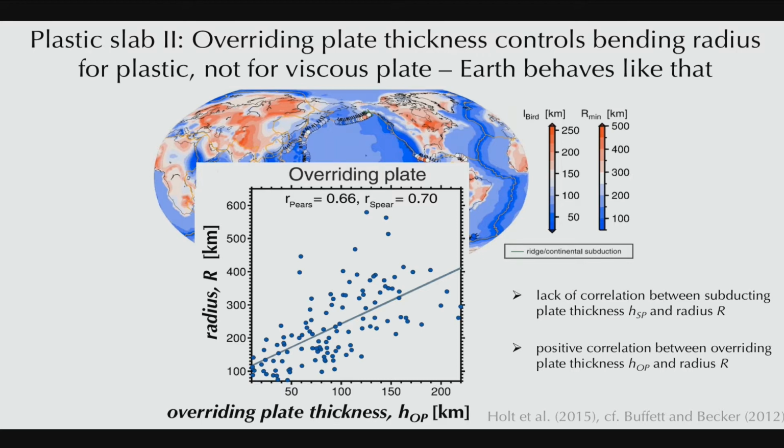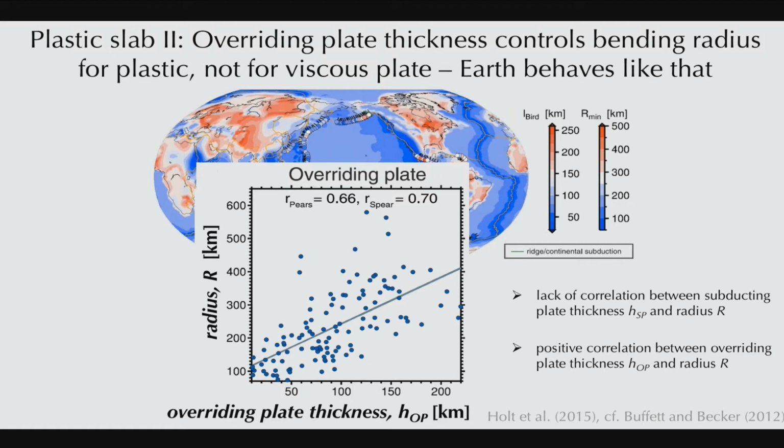If you have a plastic plate that is weakened by Peierls creep in the way that was pointed out in that Christmas tree diagram by Bruce and myself, and in a way that we found from post-seismic deformation, then that plate will be more sensitive to what is happening at the interface, and that plate will respond to the overriding plate thickness.